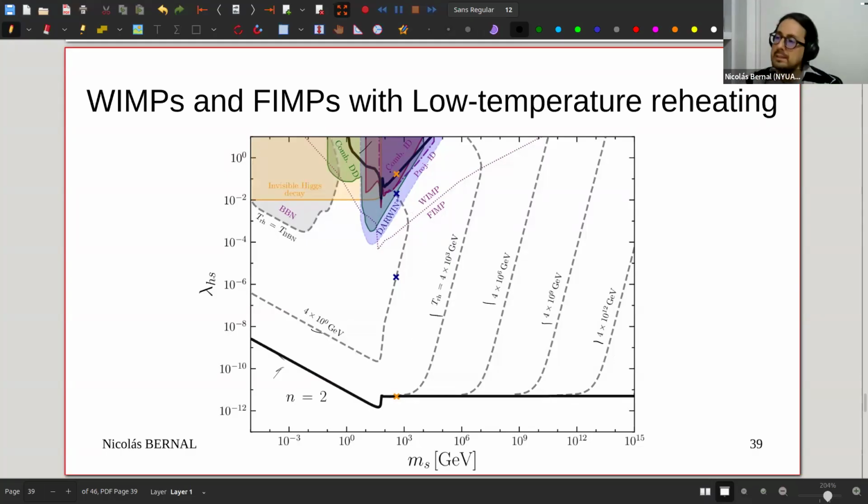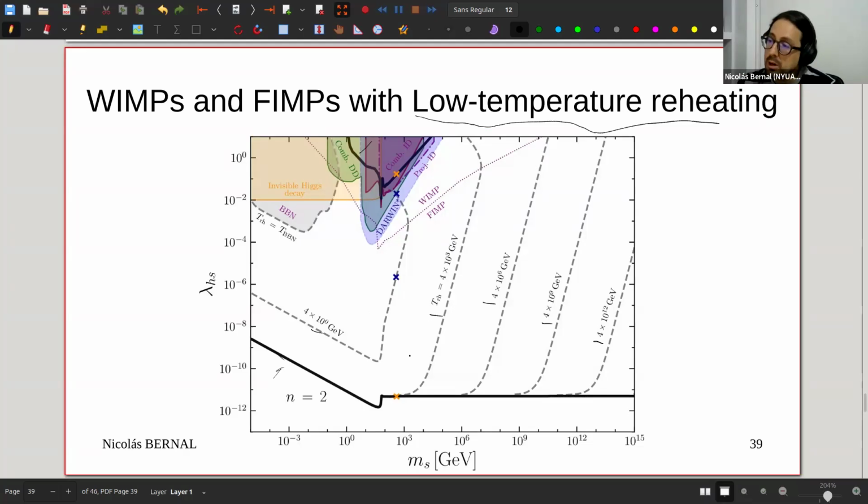So first message, the parameter space that was excluded because of overproduction becomes allowed once you decrease the reheating temperature. Second point, we said that WIMP and FIMP were two completely disconnected scenarios.